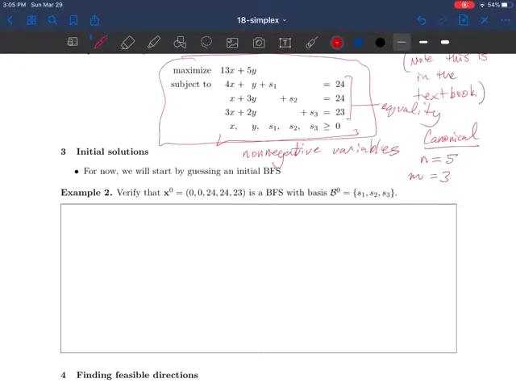So the first thing we're going to think about is our initial basic feasible solution. One thing you might look and notice right away is the particular structure of these last 3 columns.